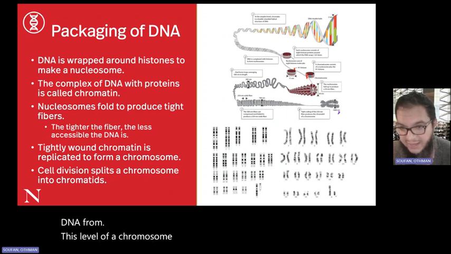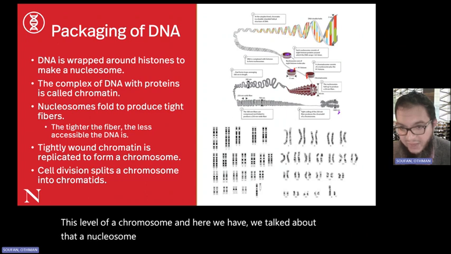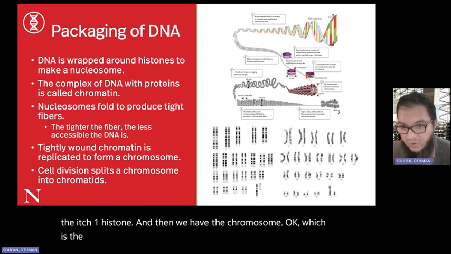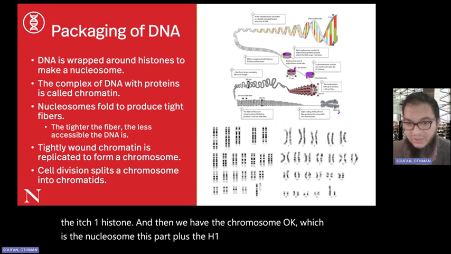Here we talked about the nucleosome, which is made of 8 histones, and this is the H1 histone. Then we have the chromatosome, which is the nucleosome, this part, plus the H1 histone together.